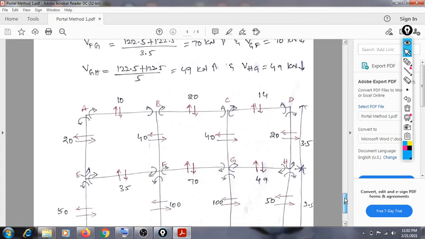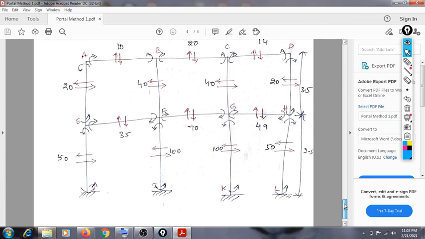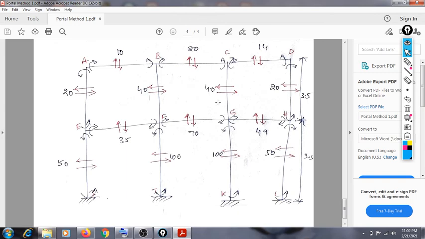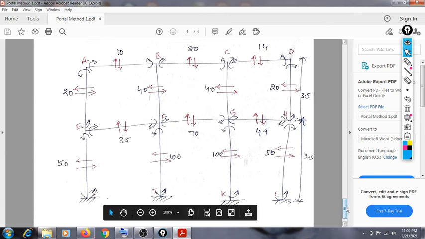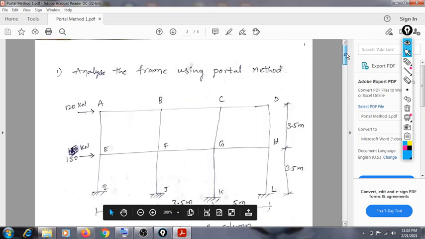After that we can simply write the corresponding forces here as shown in the figure. Writing the same forces here: 10, 20, 14, 35, 70, 49, and writing 20, 40, 40 and 20 as horizontal shear. Right?